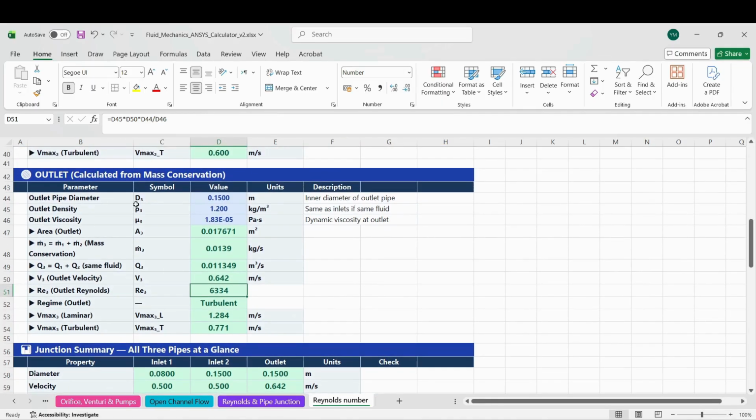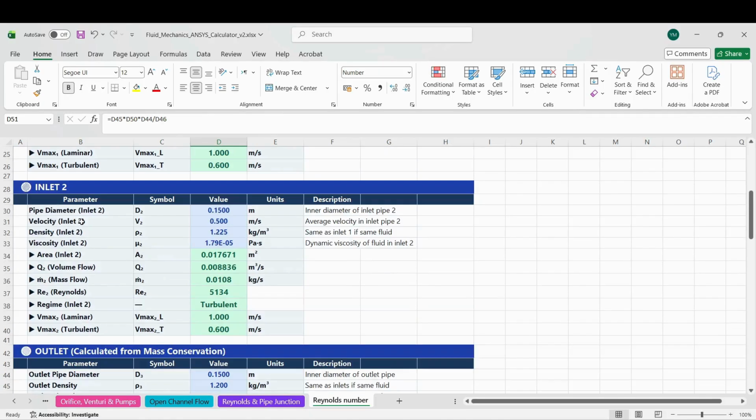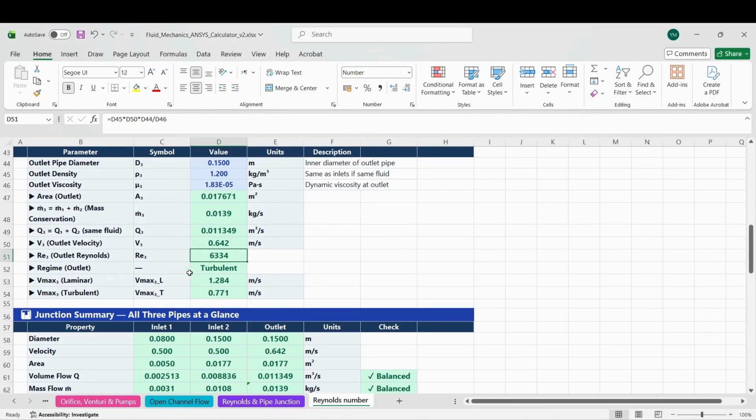Of course, the outlet pipe diameter is equal to the pipe diameter in inlet 2. We didn't change the diameter for the outlet. So we got 6300. The region is turbulent, and the maximum velocity is 0.771.